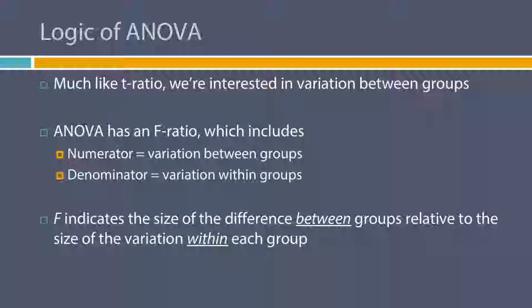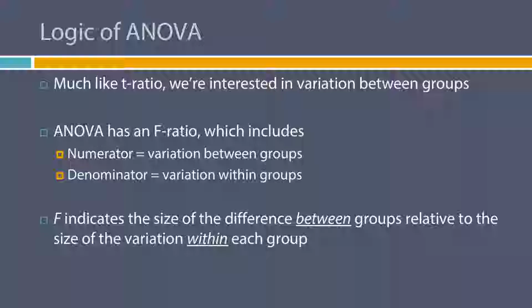Now, let's think of this. If we had less variation between groups, let's say the variation between groups, the numerator, was equal to the variation within groups. We'd have a numerator of 100, a denominator of 100. 100 over 100 equals 1.